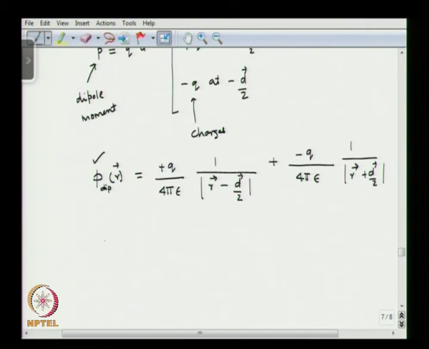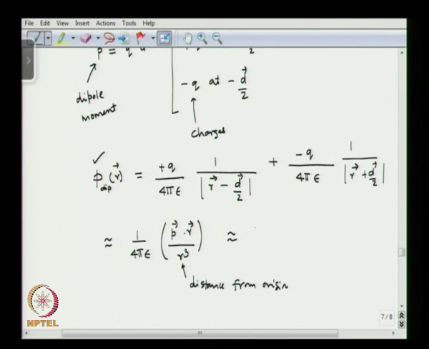So you can approximate this as 1 over 4 pi epsilon into the dipole strength P dot r divided by r cube, where r is the distance from the origin.